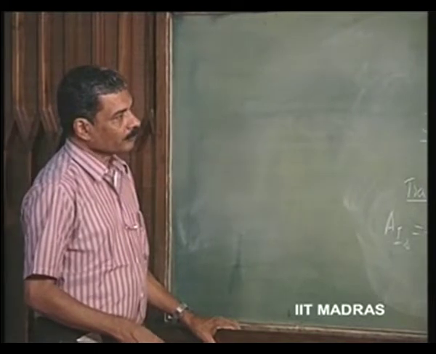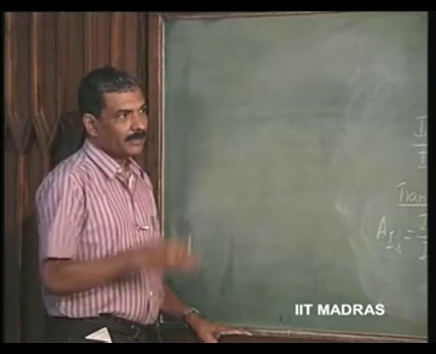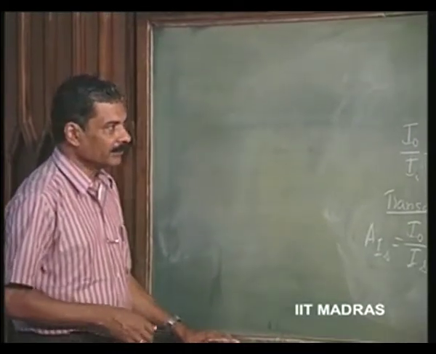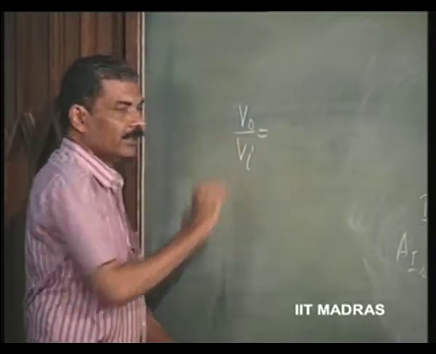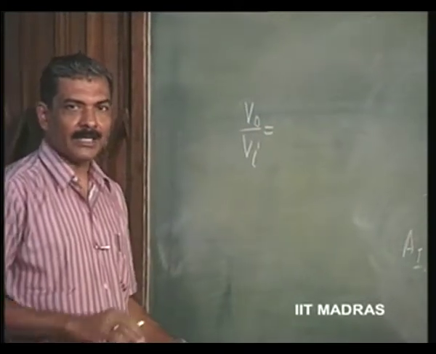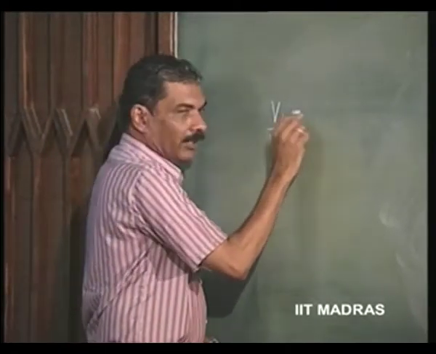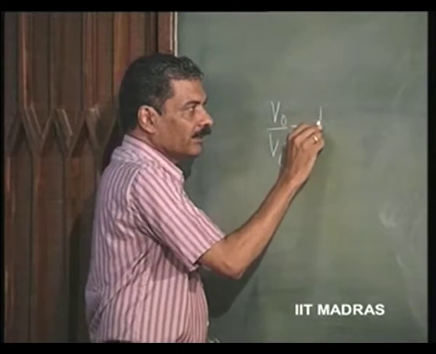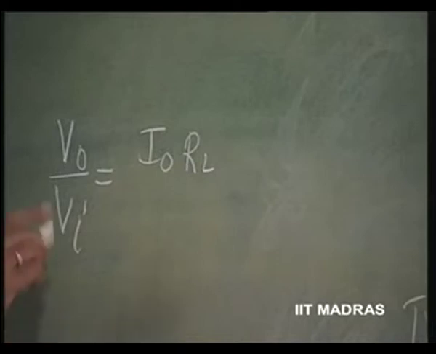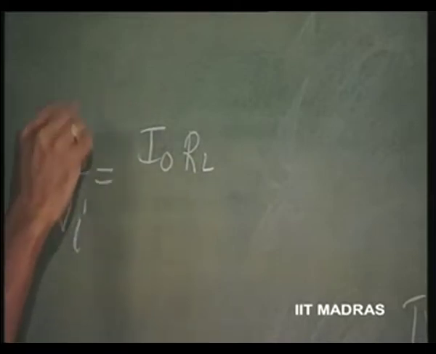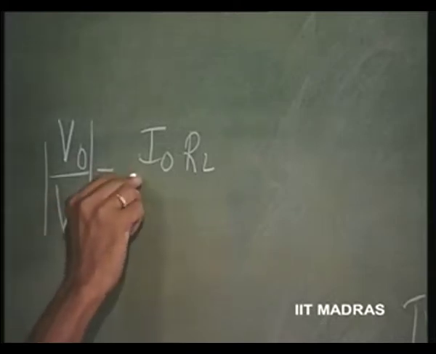Now, I want to prove an important theorem in cascading. What is it? V naught over Vi, I would like to represent in terms of current gain. V naught is nothing but I naught into RL, always, considering the magnitude; it is negative actually.